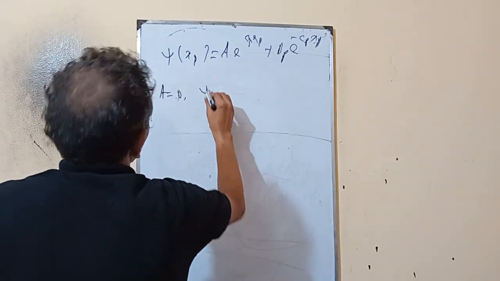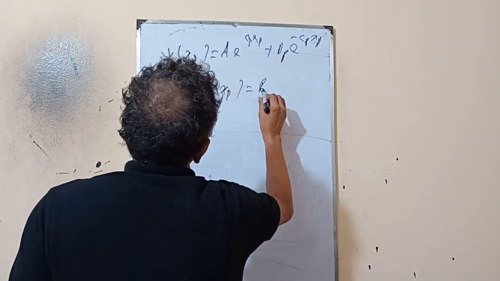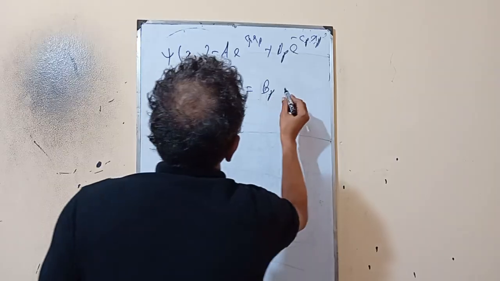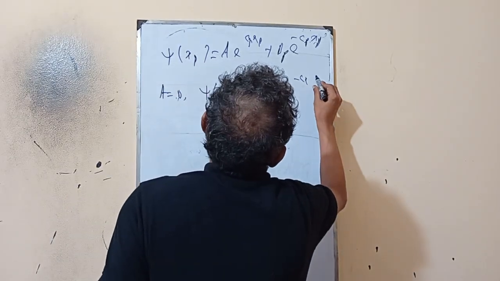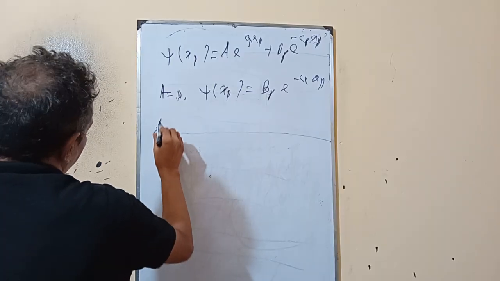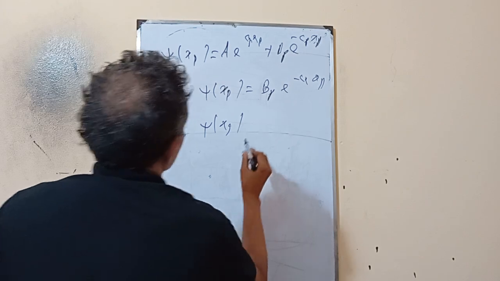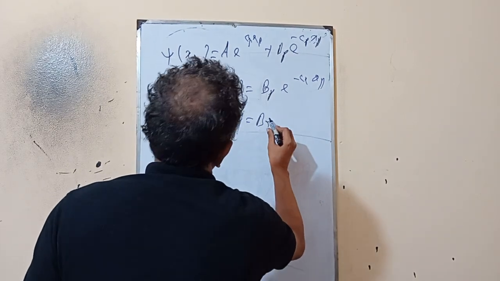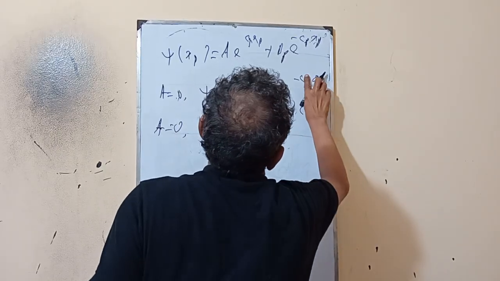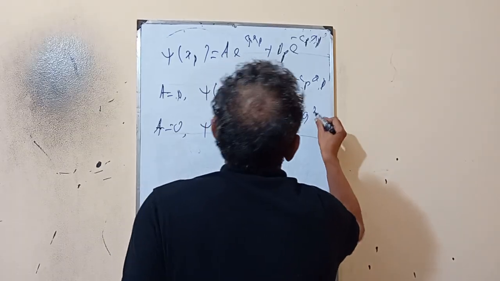Then XP is equal to BP, and x is equal to 0, XZ is equal to BZ, e to the minus CZ XZ.